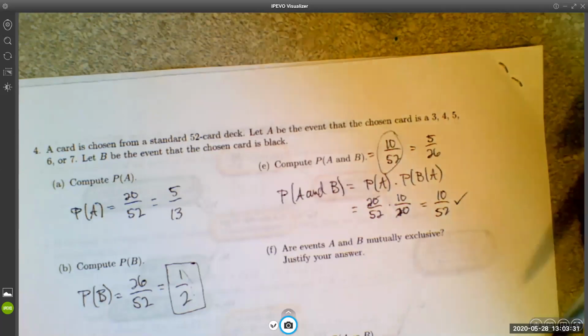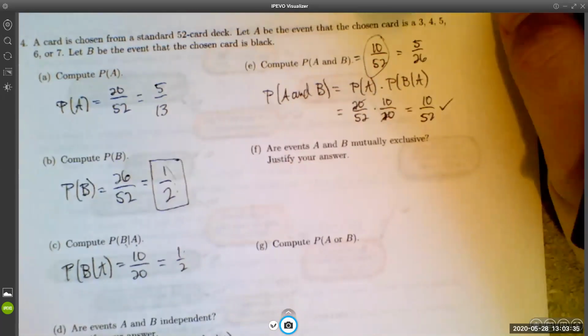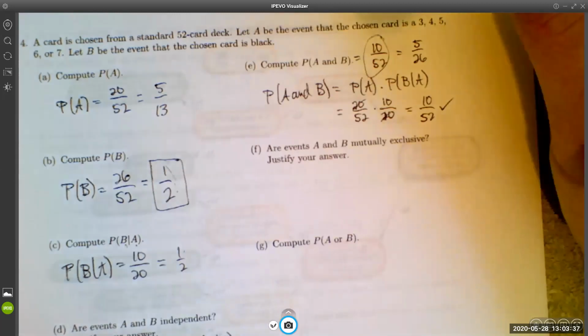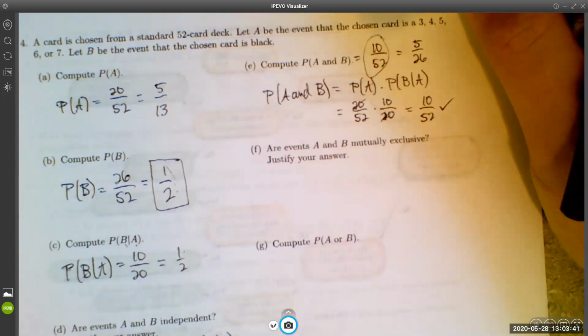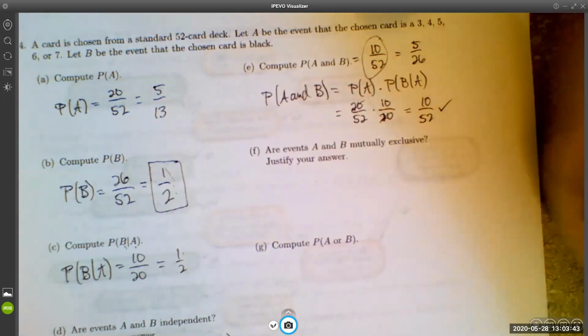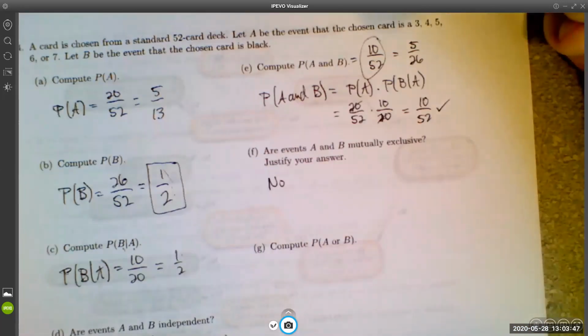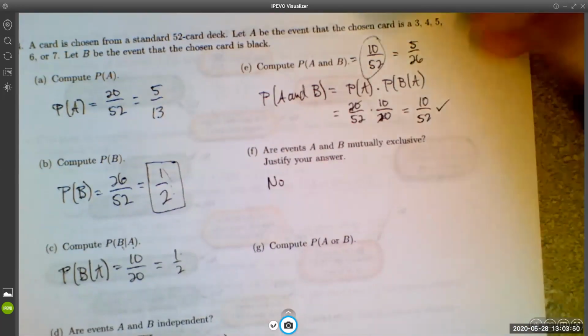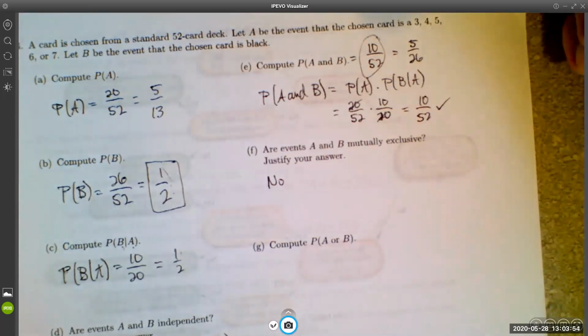Okay. Now, part F asks us, are events A and B mutually exclusive? Mutually exclusive means that the events cannot happen at the same time. So are A and B mutually exclusive? Well, the answer here is no. Clearly, A and B can both happen at the same time. You can be a black card and be a 3, 4, 5, 6, or 7. So they're not mutually exclusive.